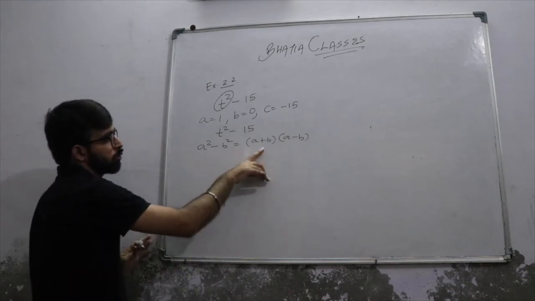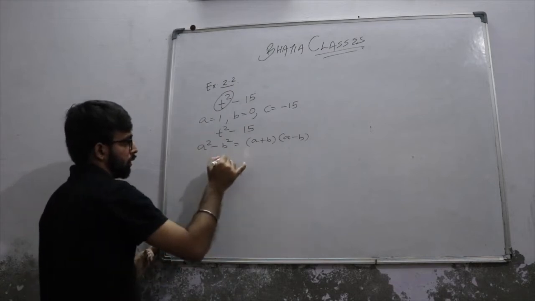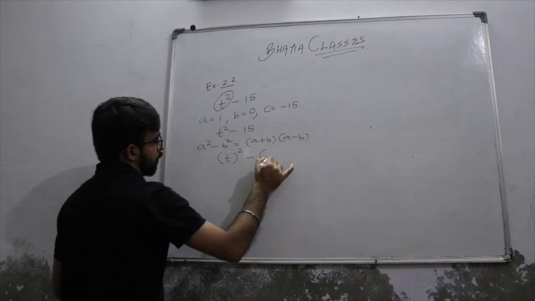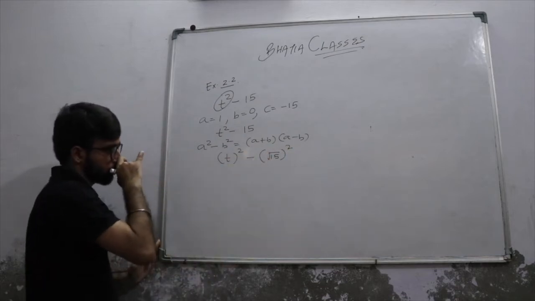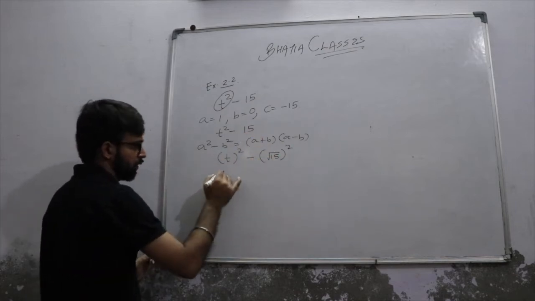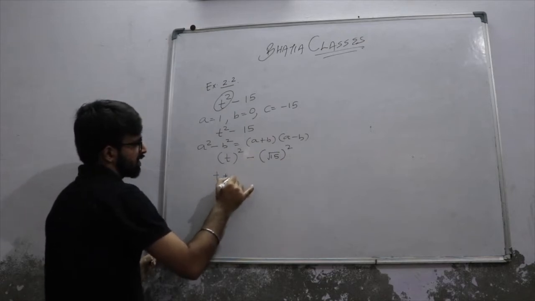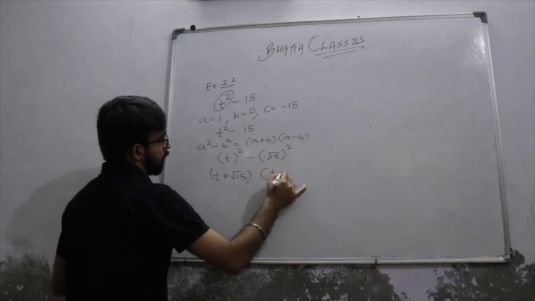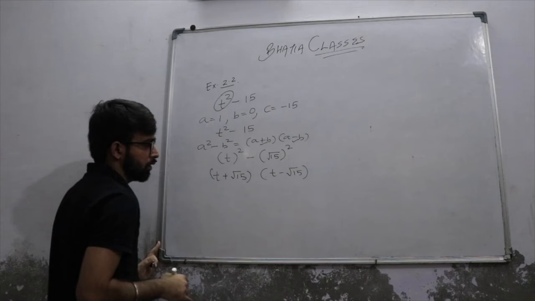This identity is used in these sums. t squared minus root 15 squared, because 15 is the square of root 15. Then apply the identity: (t plus root 15)(t minus root 15). One bracket is with plus and one bracket is with minus.